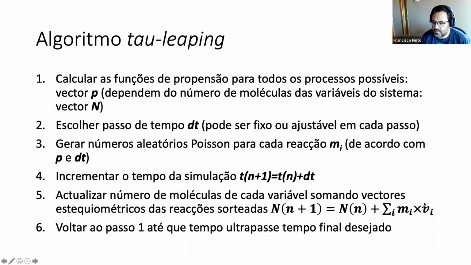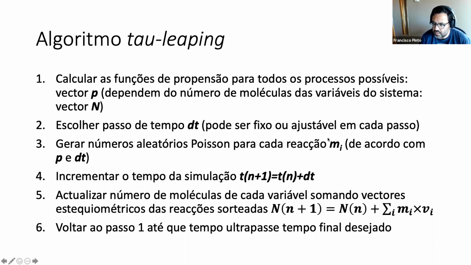So in this case, we are only updating the n vector after more than one process has occurred, and that may have an impact. That impact depends on how the propensities are changed by the values of n. If they don't change a lot, then it is a good approximation.